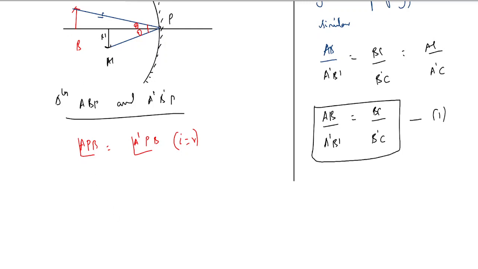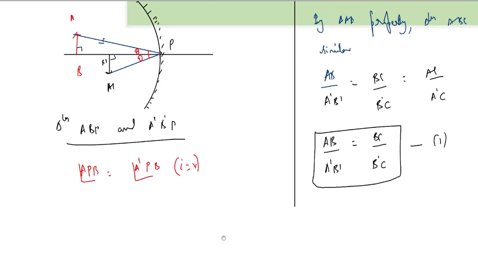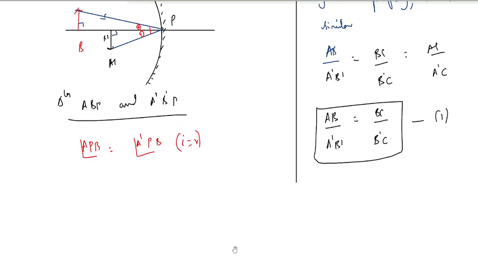The second angle would be the angles made here. Again the angles here are the same because the object and image are erect. So angle ABP is equal to angle A dash B dash P, which is equal to 90 degrees.